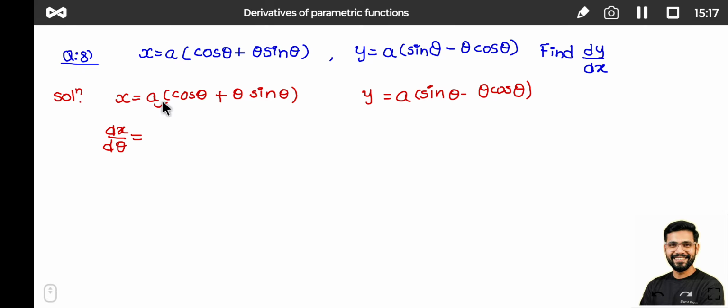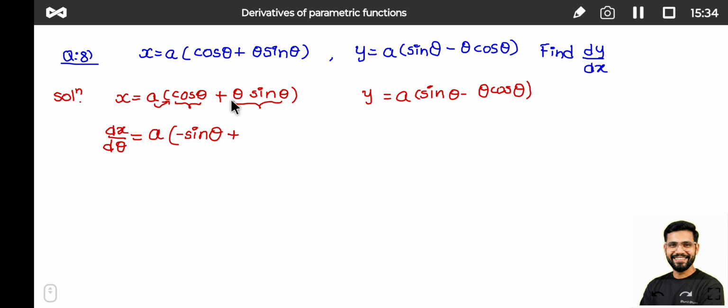this a is a multiplication with this bracket, so a as it is, bracket, derivative of cos theta which is minus sin theta, plus, now in the second term if you see properly, theta sin theta is in multiplication. Okay, theta is one term, sin theta is another term. So for the derivative we will use the UV rule.